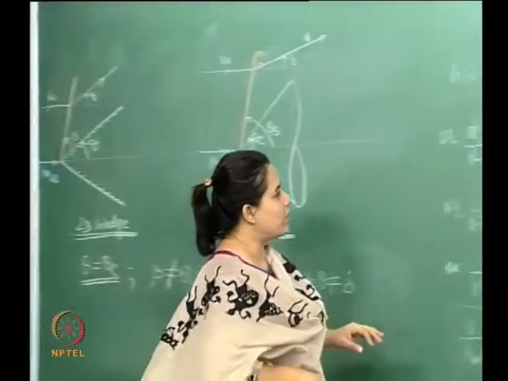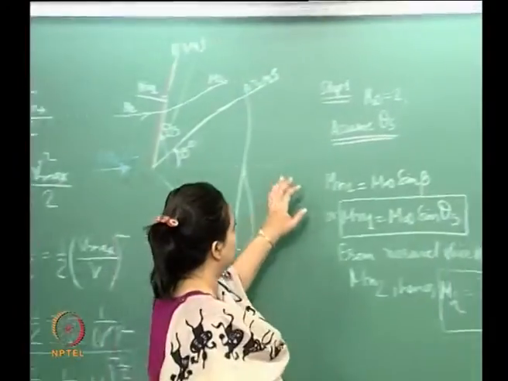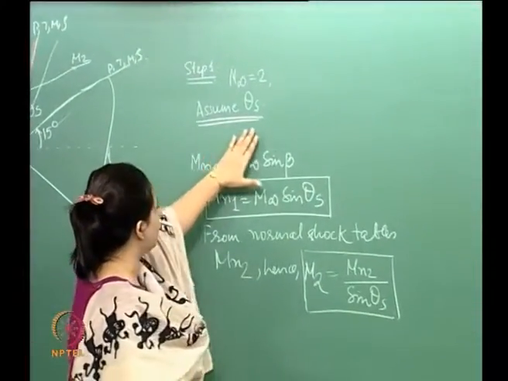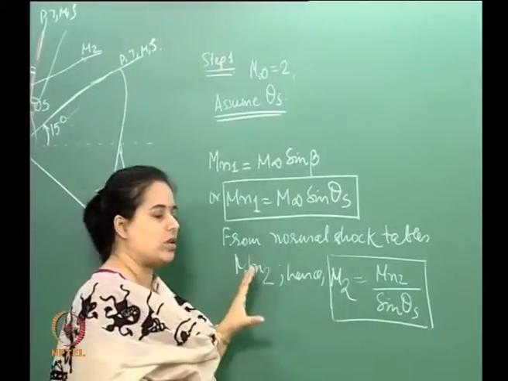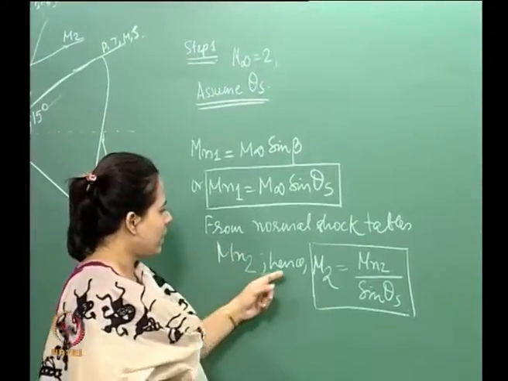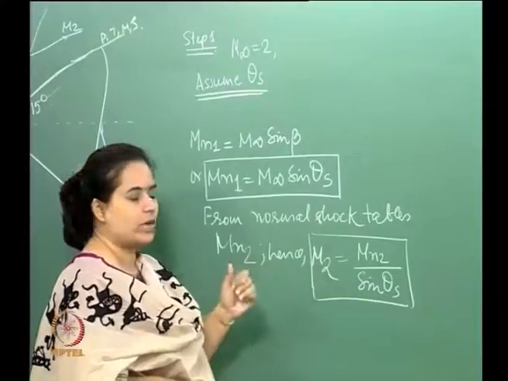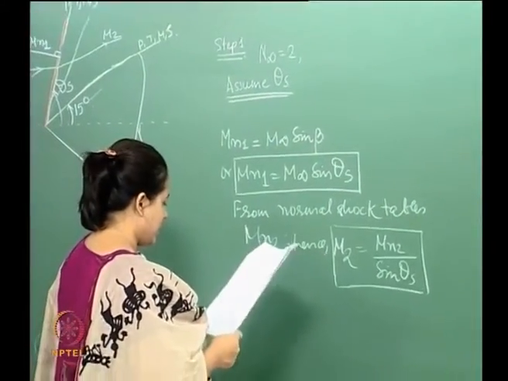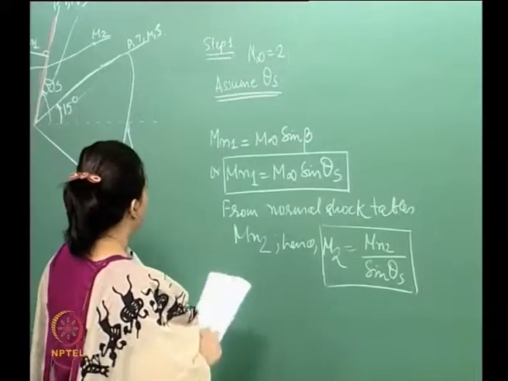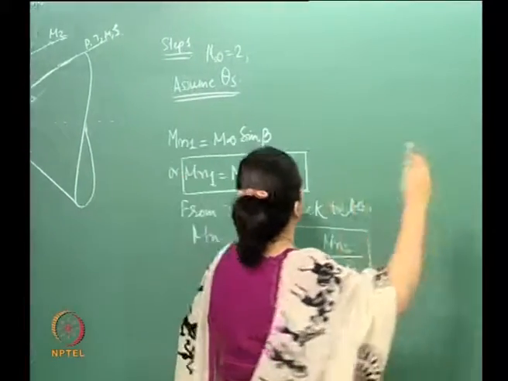So now, going back, what we have done here is we have assumed theta s, and we will basically use the normal shock tables and find out the Mach number behind the shock wave. Once we do this, let us move to step 2.